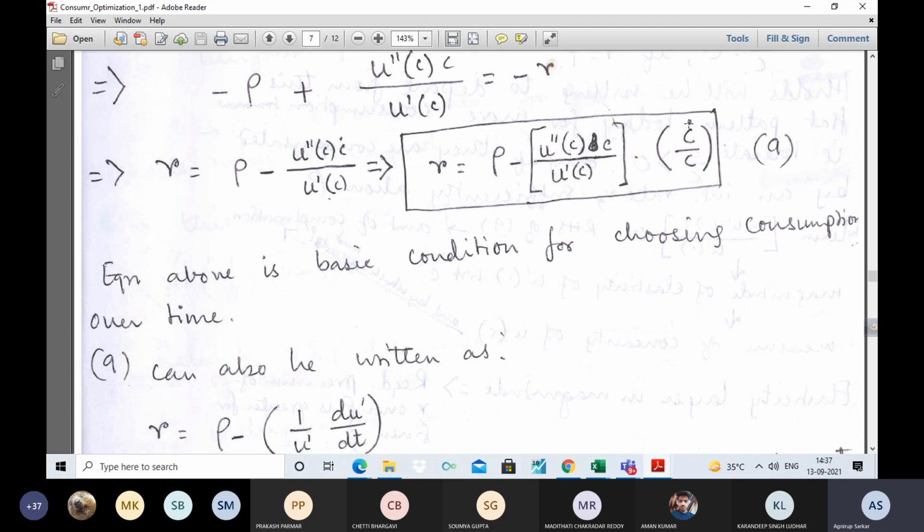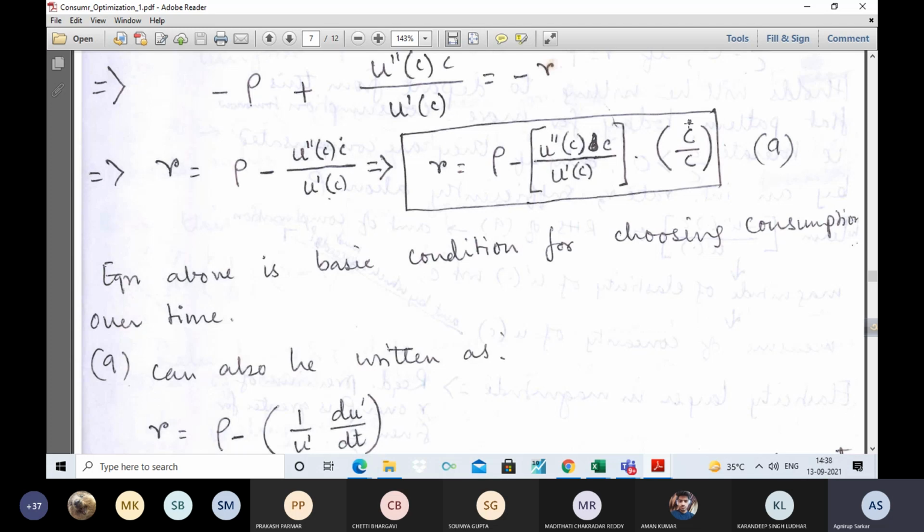Because it's always preferable to consume at present rather than in the future, right? So since agents would like to smooth out consumption over time, because of our assumption of concavity, because of the assumption that U double prime C is less than 0, agents would like to even out or smooth out the flow by bringing some future consumption forward to the current time period or to the present.